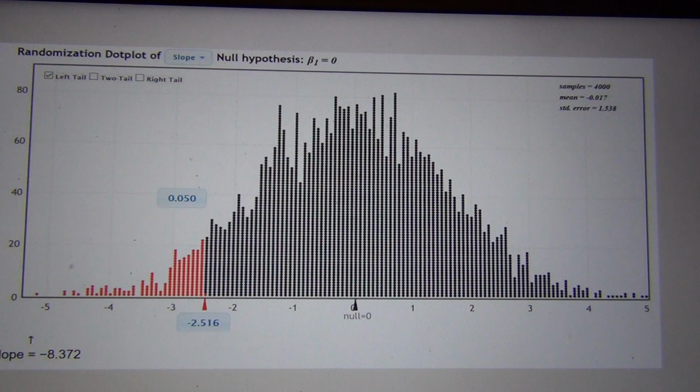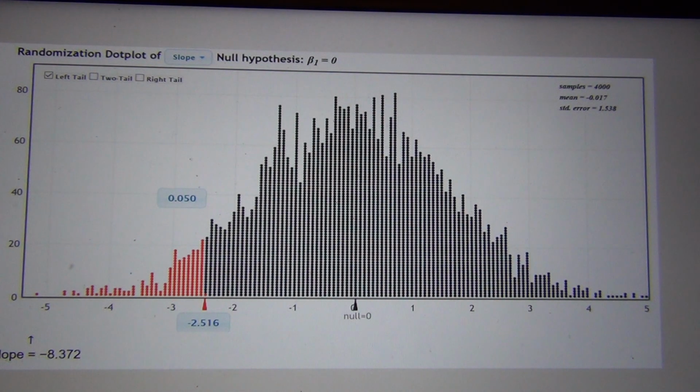But you could also calculate this with the slope. If we click on the slope setting in StatKey, notice the null hypothesis changes. You get beta 1 equals 0. Again, that still means no correlation. But this time the computer is calculating thousands of sample slopes and putting them all on the same graph.